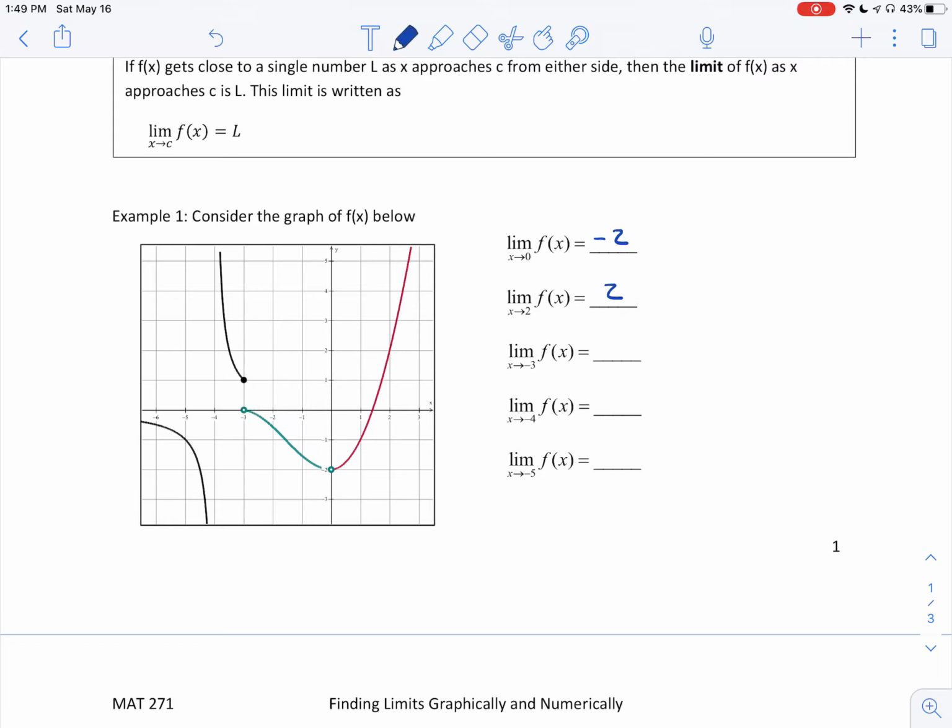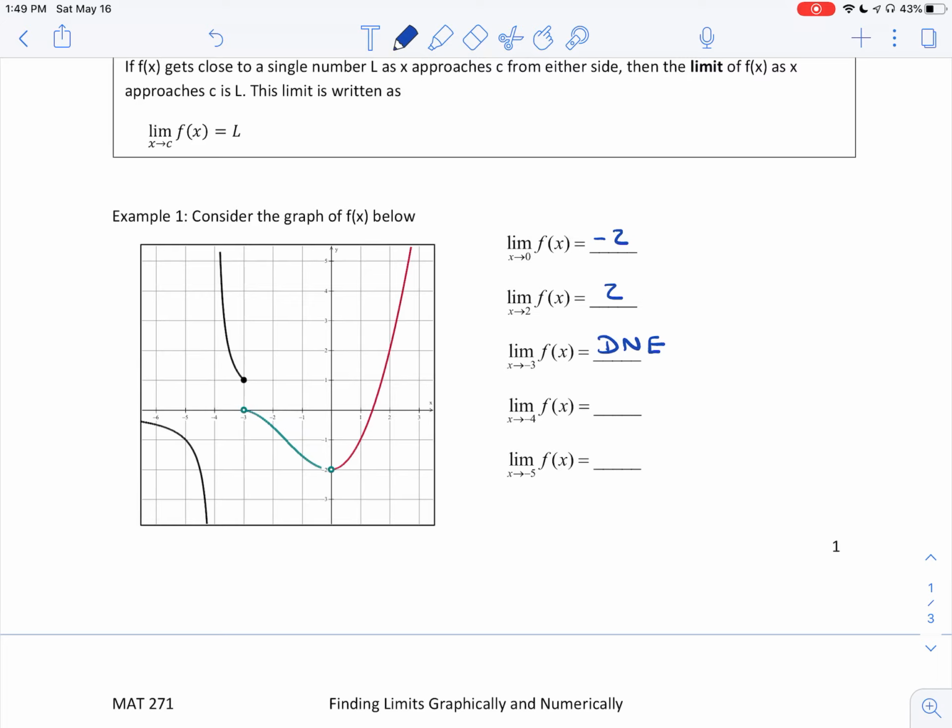So this time, because our y values are approaching something different from the left and from the right, we say that our limit does not exist. And we abbreviate that as DNE. So again, because we have different values on the left and the right, our limit does not exist.